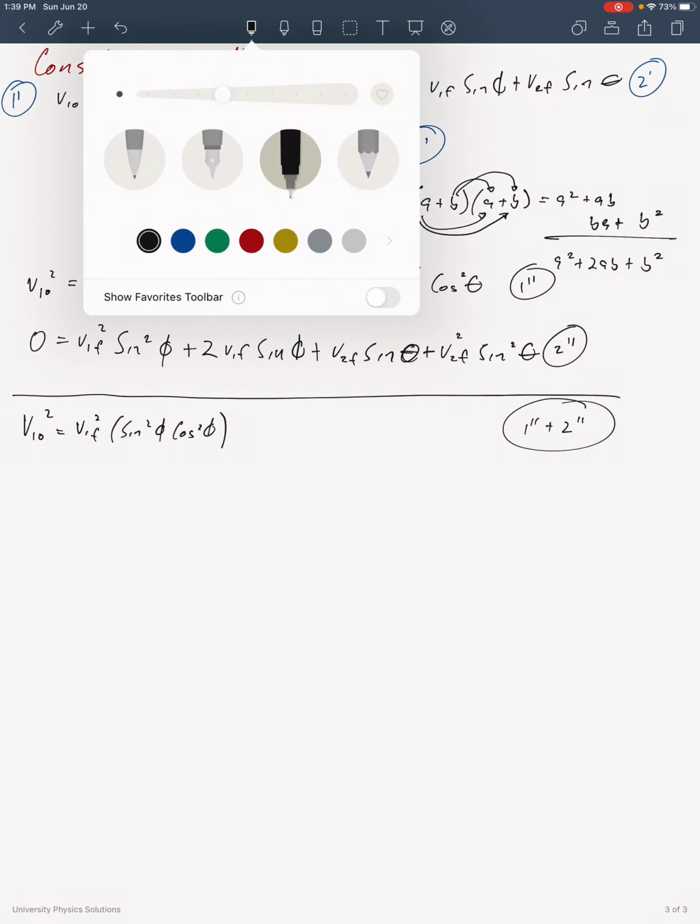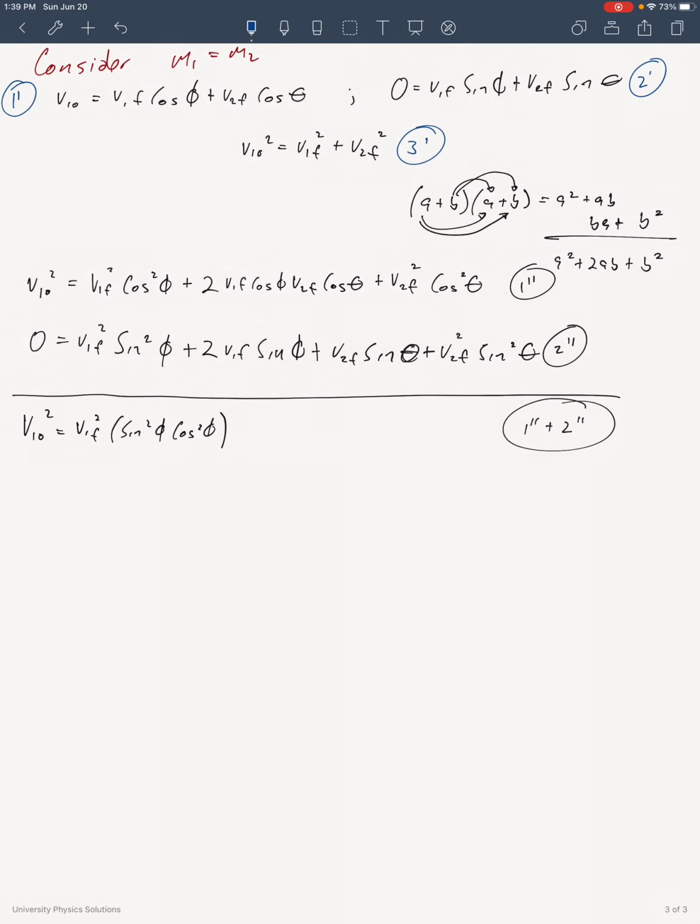I add the middle terms. I put a plus sign that shouldn't be there.